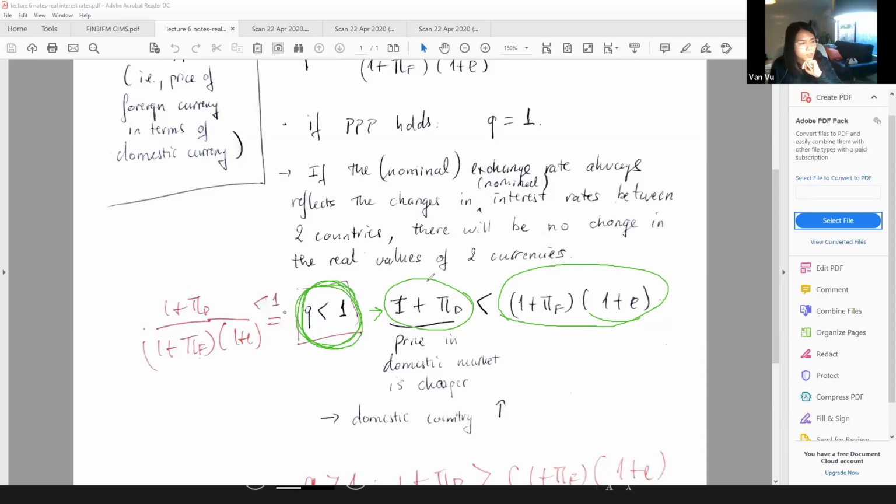So here what we see is therefore a change in the actual prices in the two countries, okay. So if Q is less than 1, then the price in the domestic country is cheaper. That means the competitiveness in your domestic country increases, okay? So when prices are cheaper, it makes your goods and services more competitive, okay?